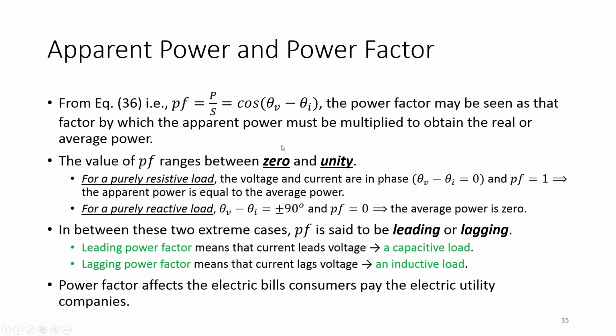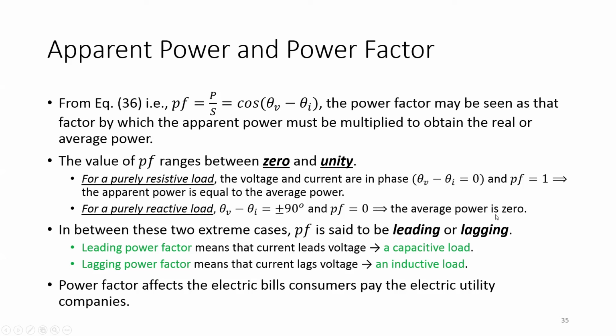As I mentioned earlier, for the given scenarios we can have only a purely resistive load, purely reactive load, or the mixture of both these components. In all these cases we cannot get the phase difference between voltage and current greater than plus 90 or lesser than minus 90. So in that case we can have only the power factor from 0 to 1.